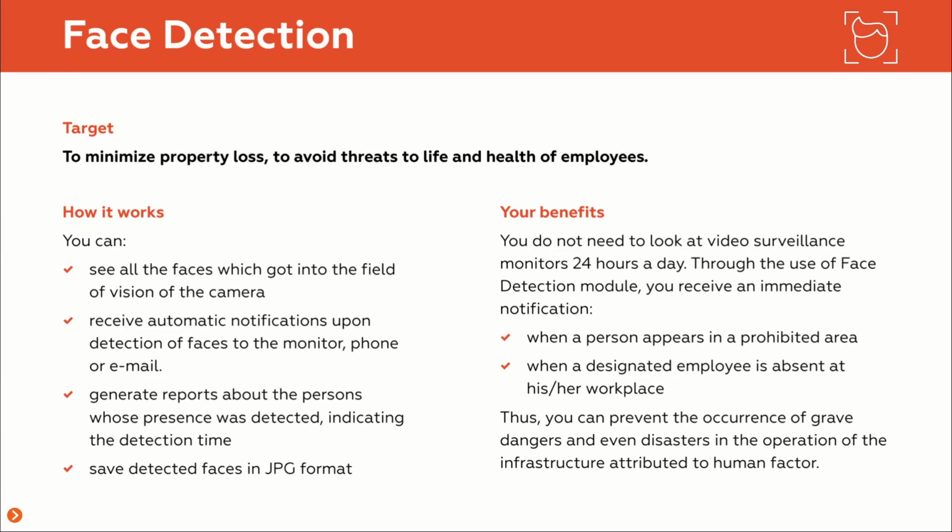You can always download the JPEG images of the faces detected by the camera and show it either to police or use it to prove your position in case you go to the court for any reason. So you can save the images and download the archive as well.